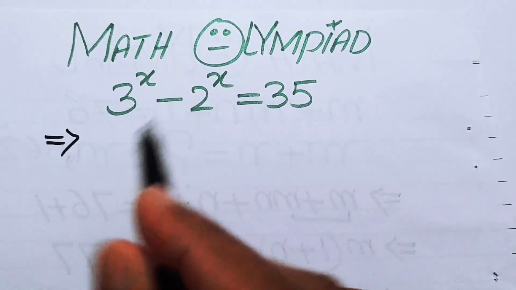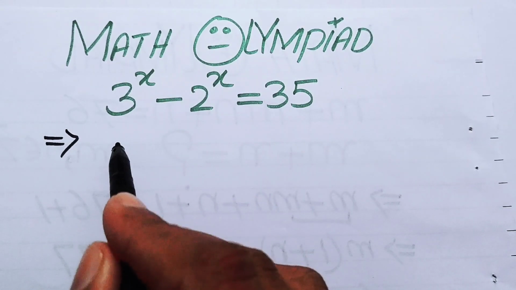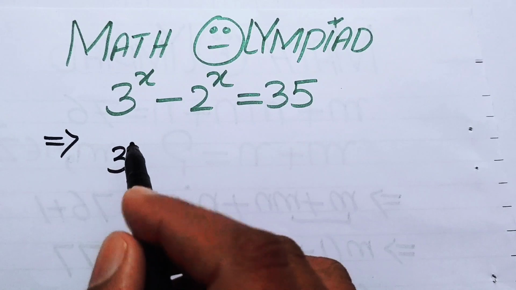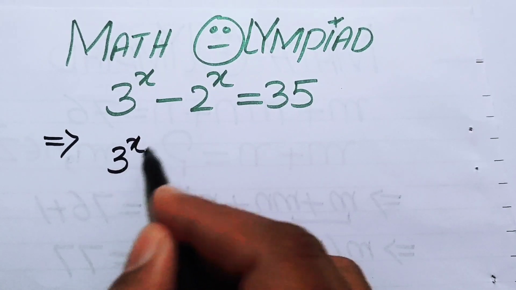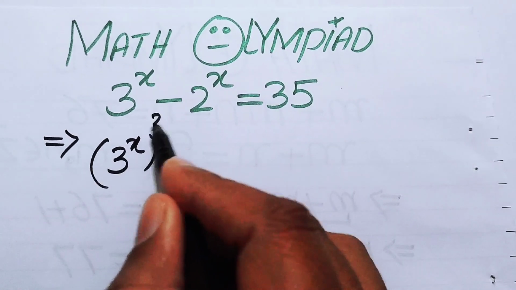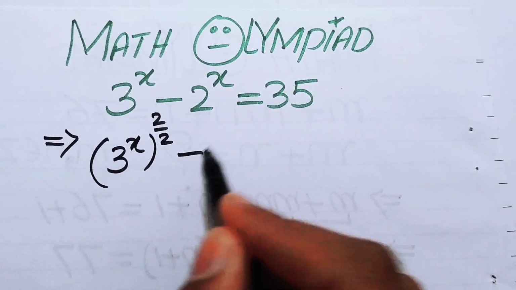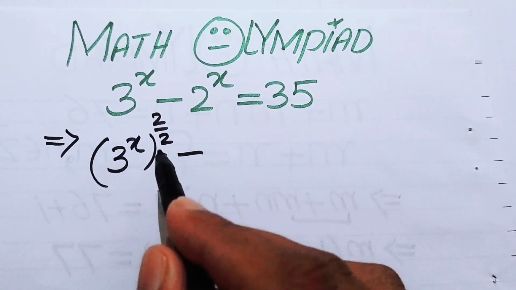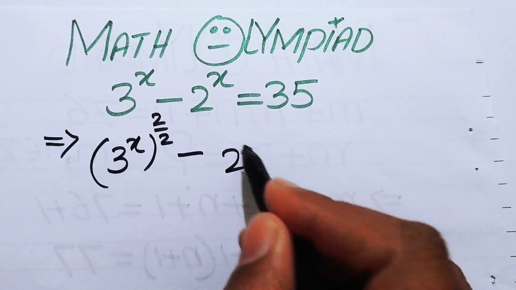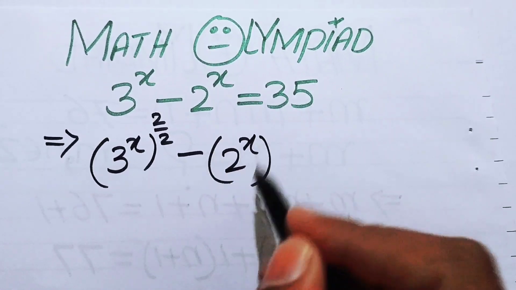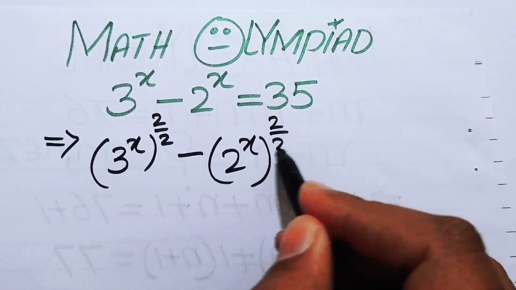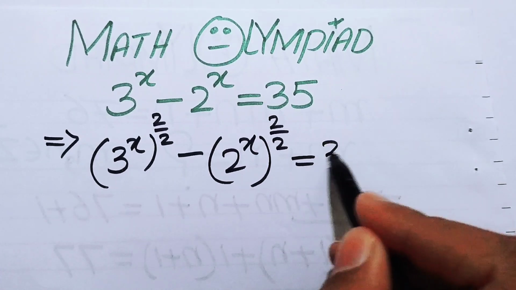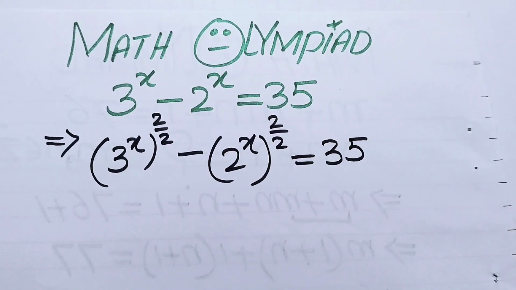the exponent of these two pairs, and we write it as 3 to the power of x, and its exponent is 2 by 2, minus, similarly we do this step on 2 to the power of x, and we have 2 to the power of x and its whole power 2 by 2 equals 35.